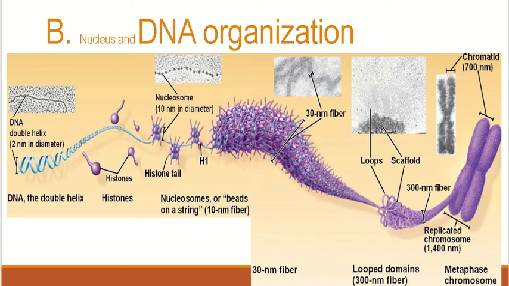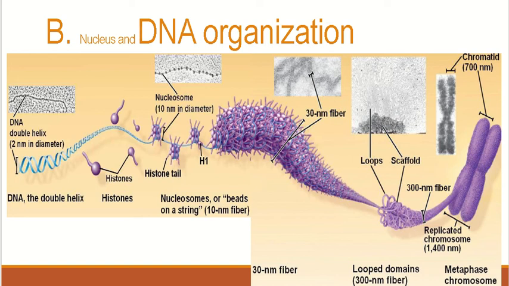Now, loop domains, or the 300 nanometer fiber, are formed by having periodic attachments to the protein or RNA scaffold. Like histone proteins, which don't store genetic information, RNA scaffolds also don't store genetic information, but of course without them, the DNA would be tangled and useless.